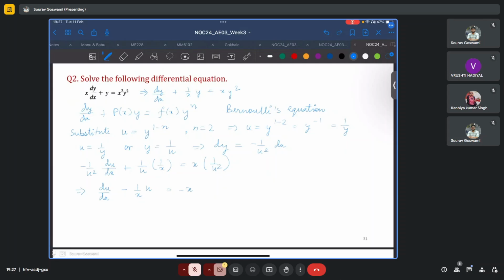And after the substitution, this should reduce to the standard form of the linear equation, and let us see if that is okay. du/dx plus p(x) u equals q(x), and indeed this has turned into the standard form of linear equation.